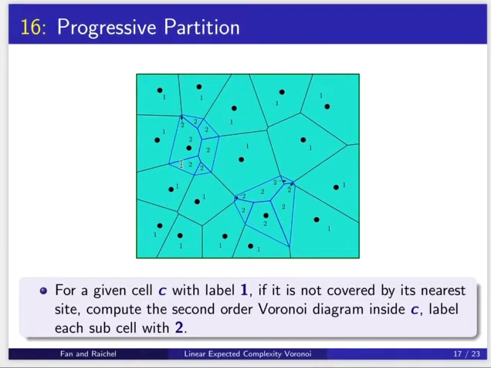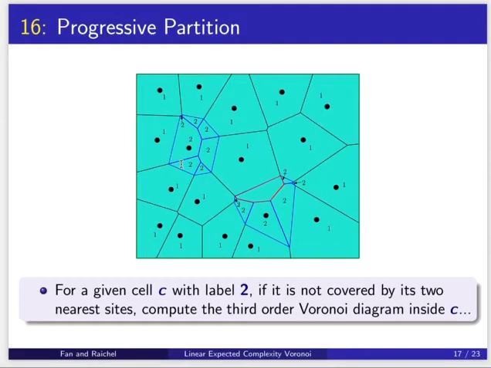If a given cell with label 2 is not covered by the two nearest sets, we compute the third order Voronoi diagram. For example, in the figure, the cell with red boundary. Then we calculate the third order Voronoi diagram inside that cell, and label each subcell 3.